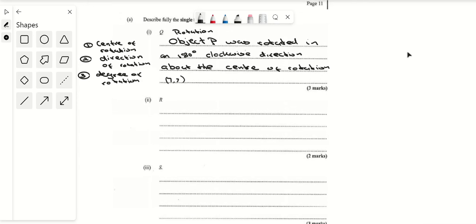So how will we describe R? We know R is a reflection. I'm going to write reflection, R-E-F-L-E-C-T-I-O-N.